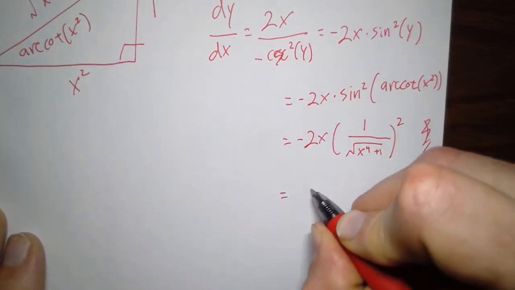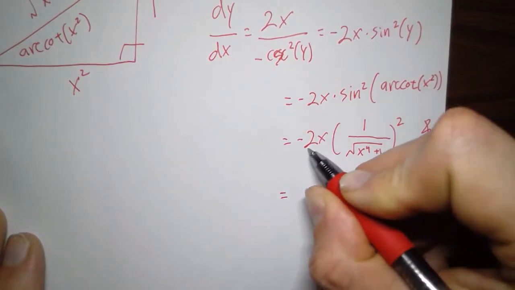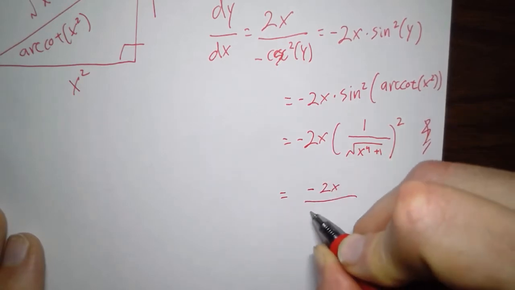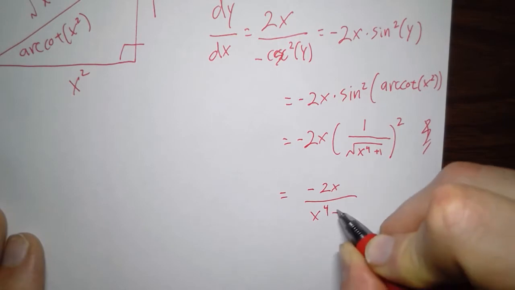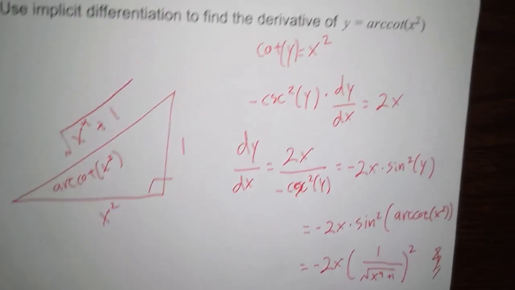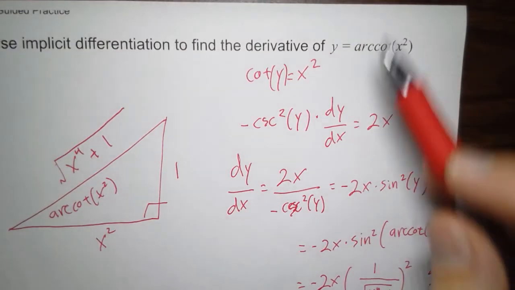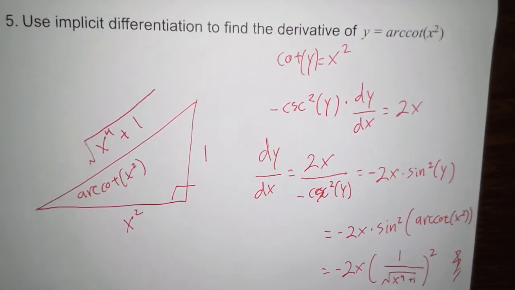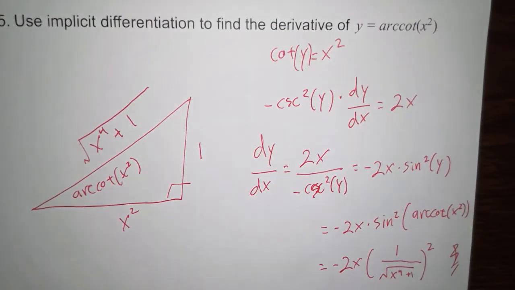That leaves 1 on top, and we bring up the negative 2x, all over x to the 4th plus 1 for our denominator. So a rather complicated derivative, but thanks to implicit differentiation, it makes this possible. Without implicit differentiation, this could not be done.